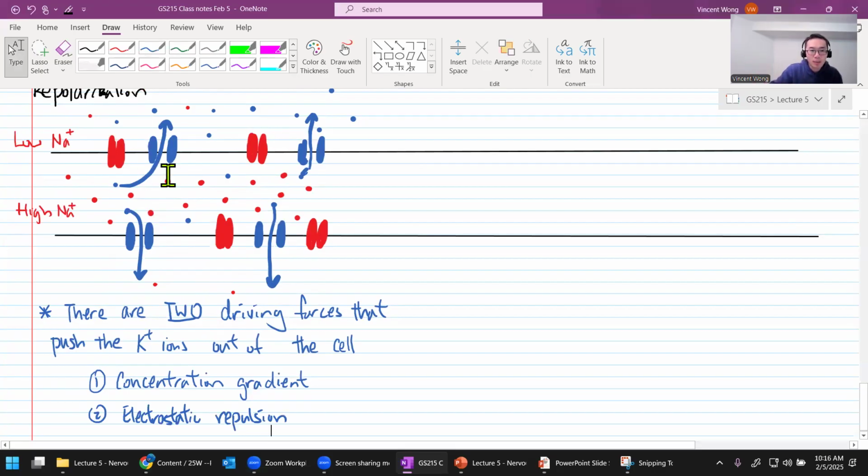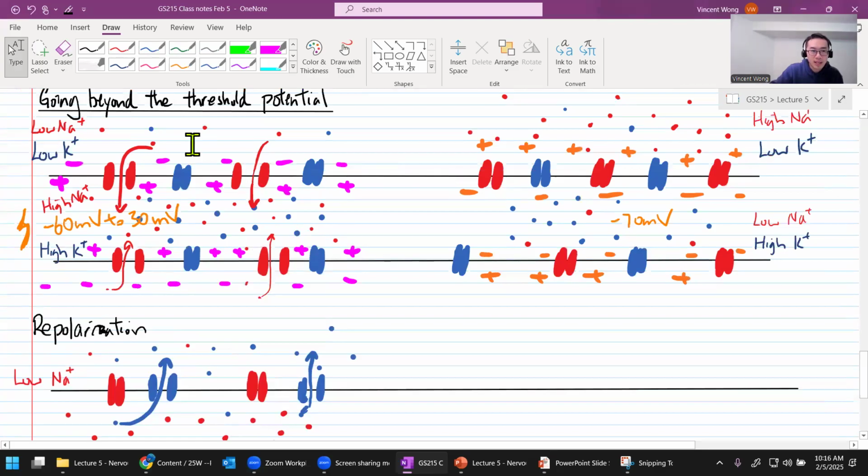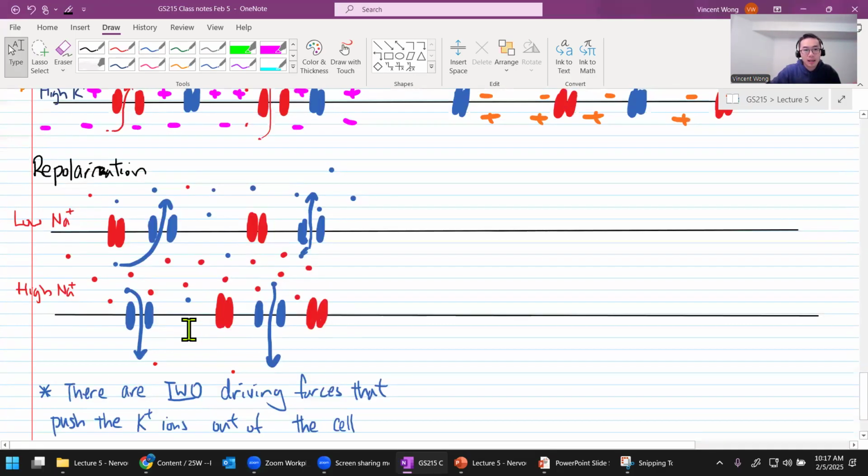With all the sodium coming in from the previous action, the inside is really positive, right? You can see with the pink symbols here, it's really positive, and positives don't like to be next to each other, right? So the potassium will try to get away from all these positives that are coming in, and the only place to go is to leave the cell.